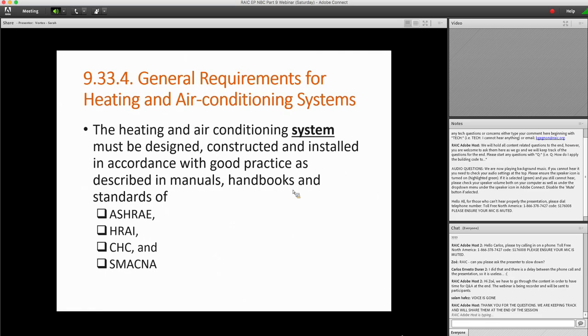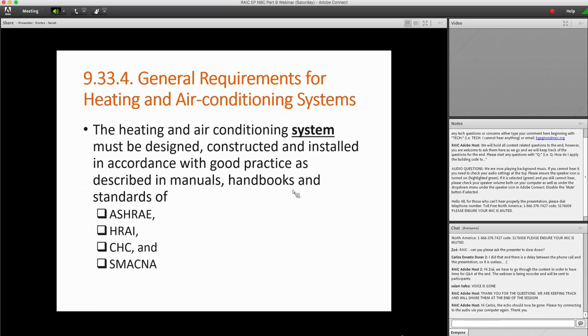General requirements for heating and air conditioning systems just require that they be designed, constructed, and installed in accordance with good practice. And these may be as stated in ASHRAE, HRAI, CHC, and SMACNA.